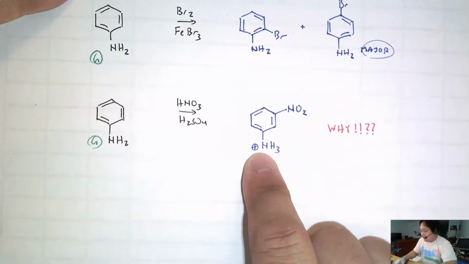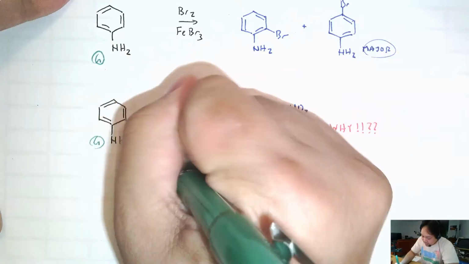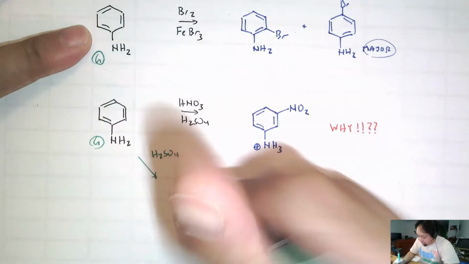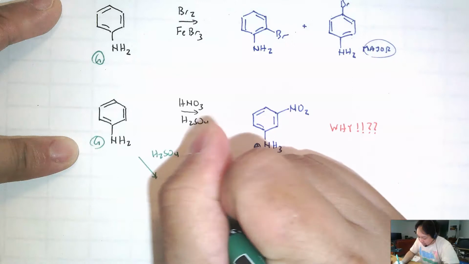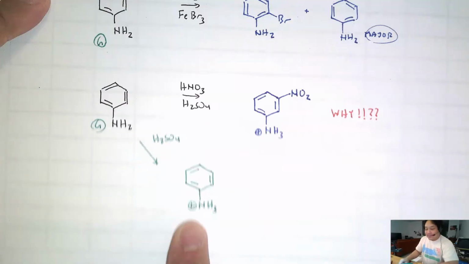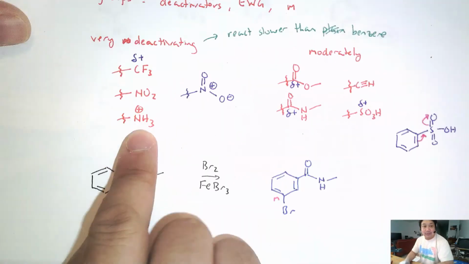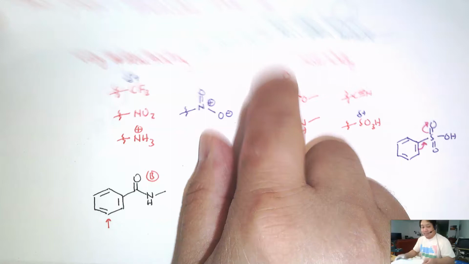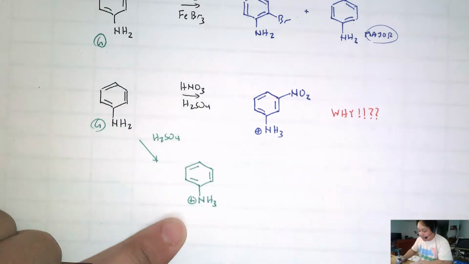The nitrogen is protonated. That's because when you have very acidic conditions, H2SO4, or even nitric acid, you don't have a good group anymore. What do you have? You're going to automatically protonate that nitrogen and make it positive. What is that? That was on our list, right? Oh, here it is. See, right there, NH3+. That's a bad group, and bad groups direct meta. That's why when I do the nitration, I'm really doing the nitration on this molecule.